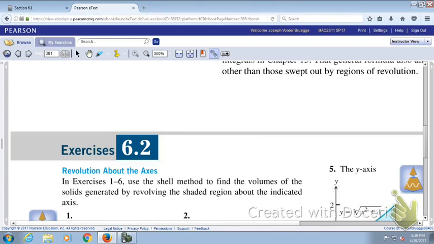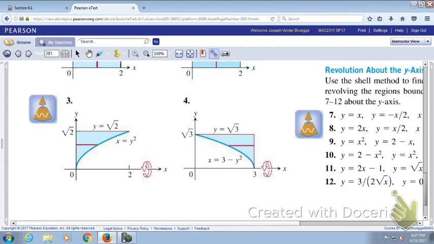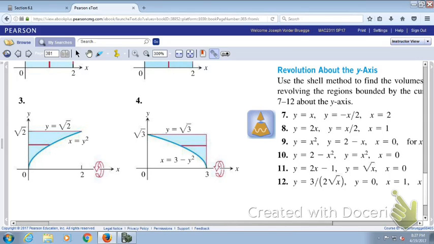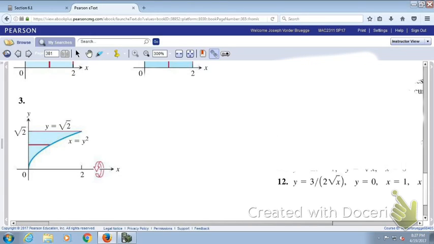So let's say that we look at a given picture here. All right, so we have a region, we're revolving it about the x-axis, and they've forced us to choose horizontal slicing.